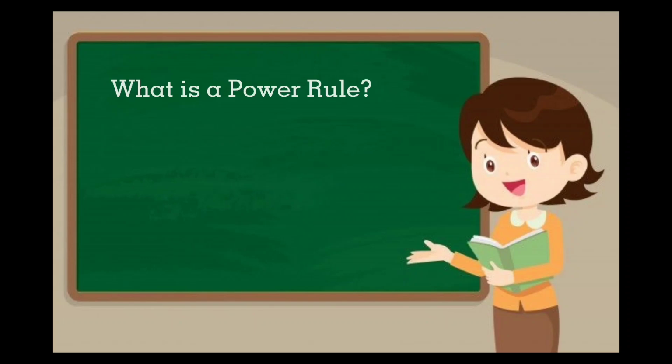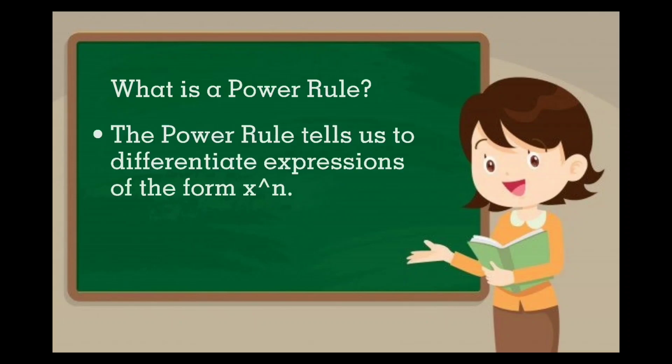Now, what do we mean by the power rule? The power rule tells us how to differentiate expressions of the form x^n, or in other words, expressions with x raised to any power.